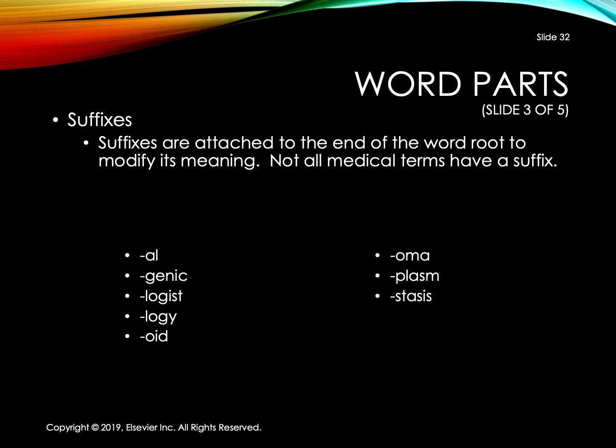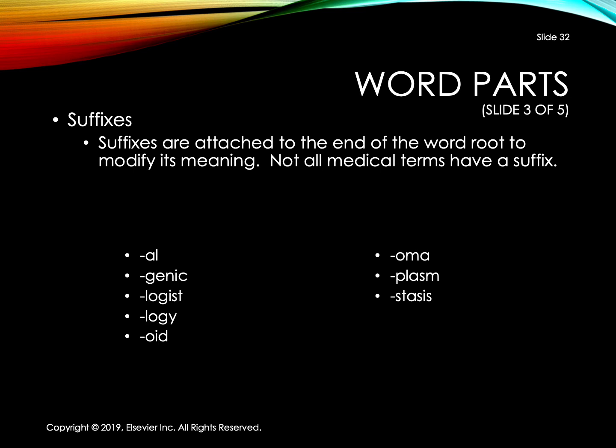Or neurology, logy, the study of the nervous system. What about the ending oid, O-I-D? That means resembling. So the word dermoid means resembling the skin or resembling the dermis.